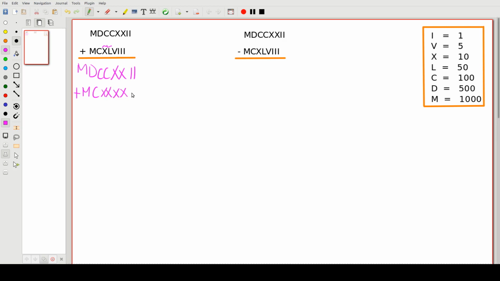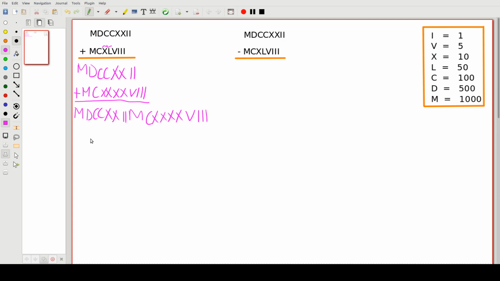And then V, triple I. Now that we've rewritten it in additive notation, we want to write all of this next to each other. So let's go M, D, C, C, X, X, I, I. That's the top part. Then we do the lower part. M, C. Then we have 4 X's, 1, 2, 3, 4. A V and 3 I's.